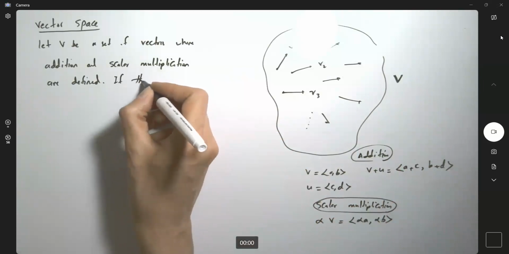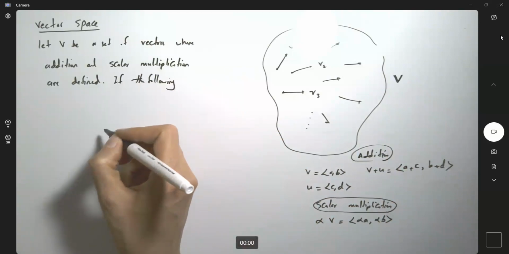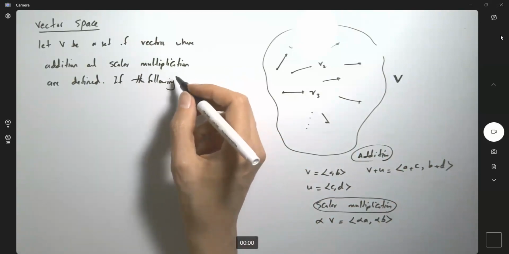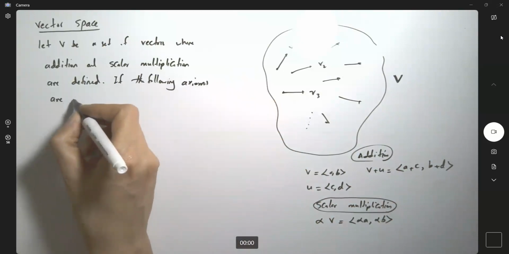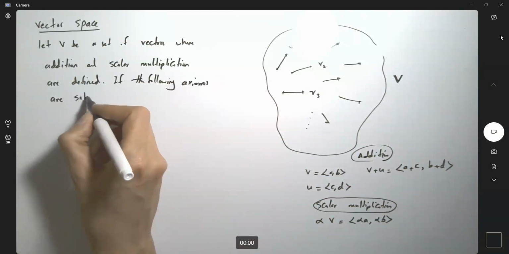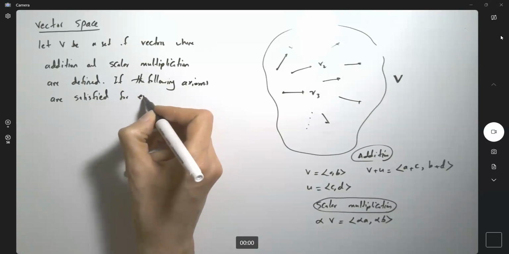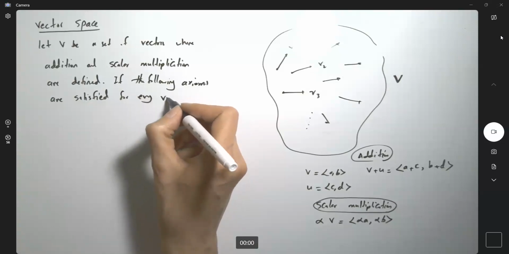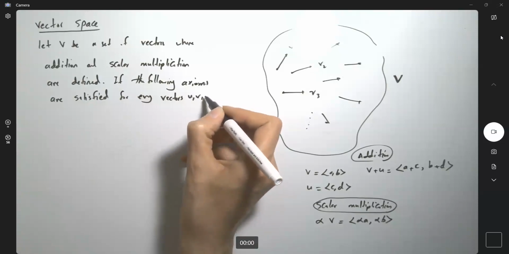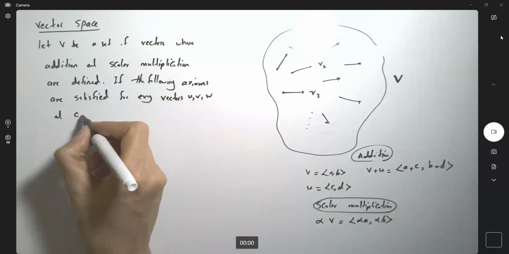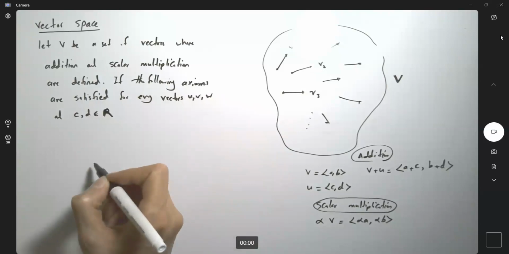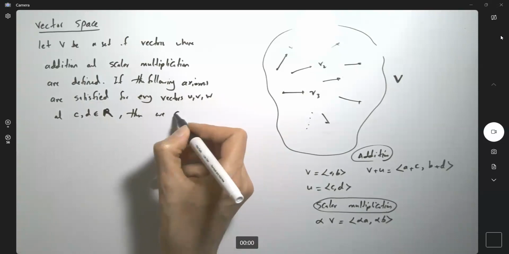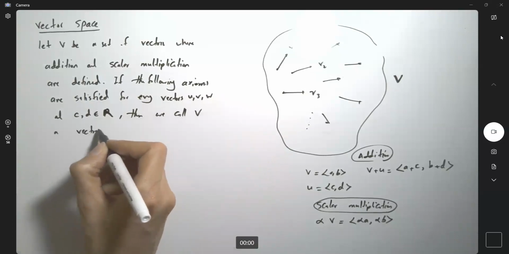If the following axioms are satisfied for every vectors u, v, w, and the scalars c and d in R, then we call V a vector space.